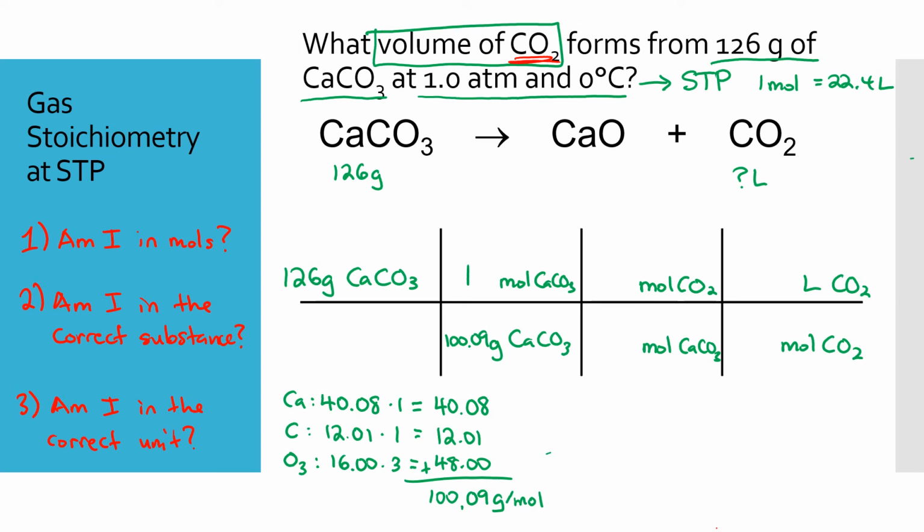For moles over moles, all the coefficients, underlining it for you. When you don't see anything, we assume 1. So they're both 1. Moles and liters, so moles is paired with liters, so it's automatically 1. And liters gets that automatic number as well, 22.4. Our answer, once we multiply and divide, is 28.2 liters of CO2.